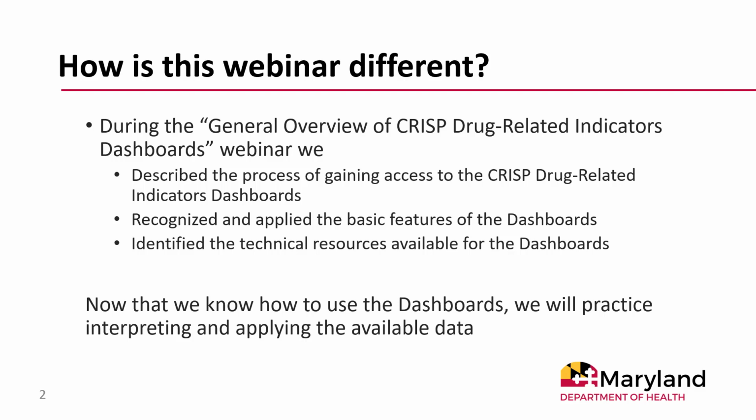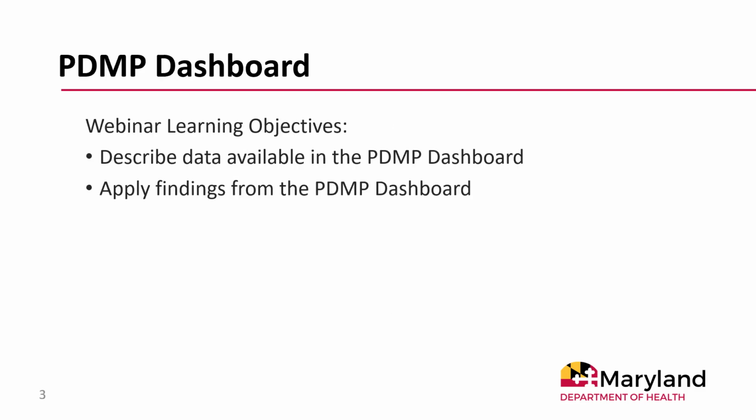Now that we know how to use the dashboards, we will practice interpreting and applying the available data. After today's webinar, you will be able to describe data available in the PDMP dashboard and apply findings from the PDMP dashboard.